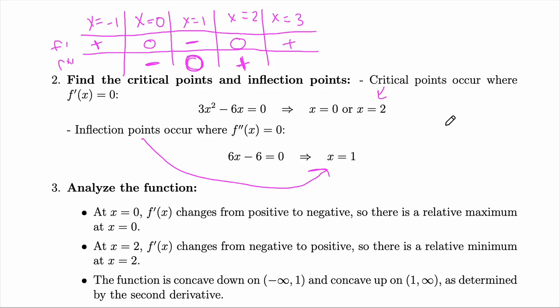So now let's go ahead and sketch a very rough graph of what this might look like.